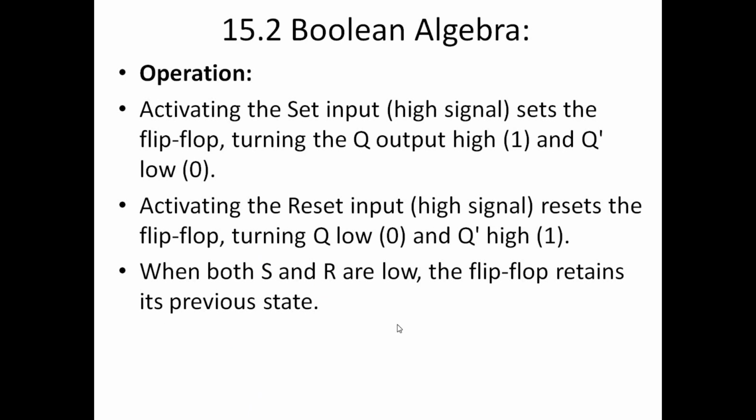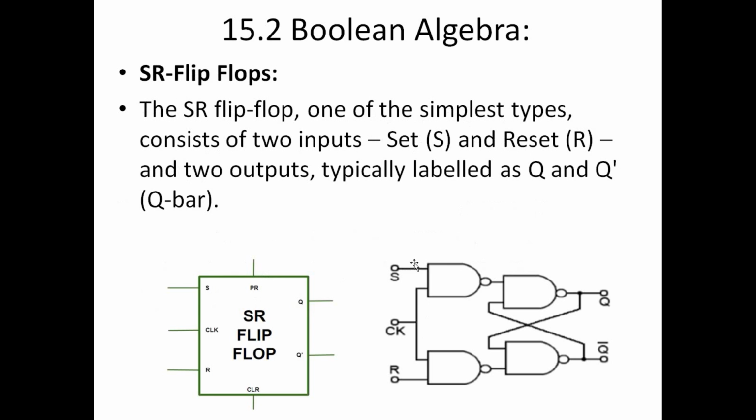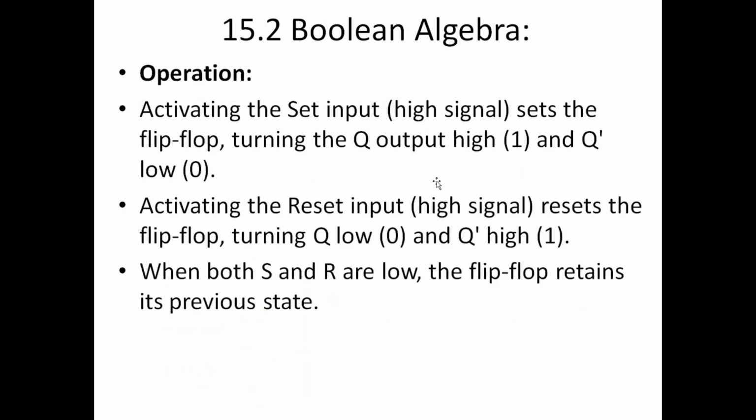Q becomes 0 and Q bar becomes high. When both S and R are low, 0 or low, the flip-flop retains its previous state. So if you have a 0 on both S and R, you'll retain the previous state. If you have 1 over here, 0 over here, it will be 1 0, otherwise it will be flipped.